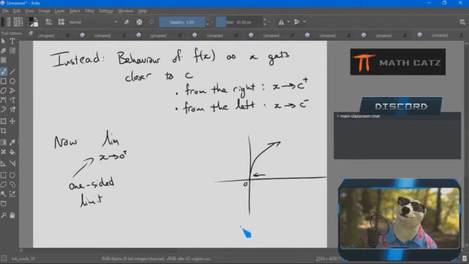Doesn't exist as far as I'm concerned. There's a graph, stable behavior. It's heading towards the y value that's there anyway. For this, it is 0 and it exists. So it wasn't a bad question to ask. It was just not the technically correct question to ask.